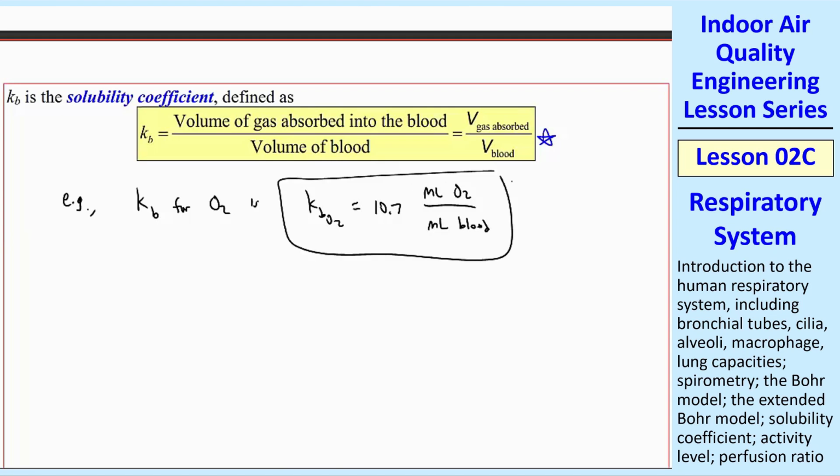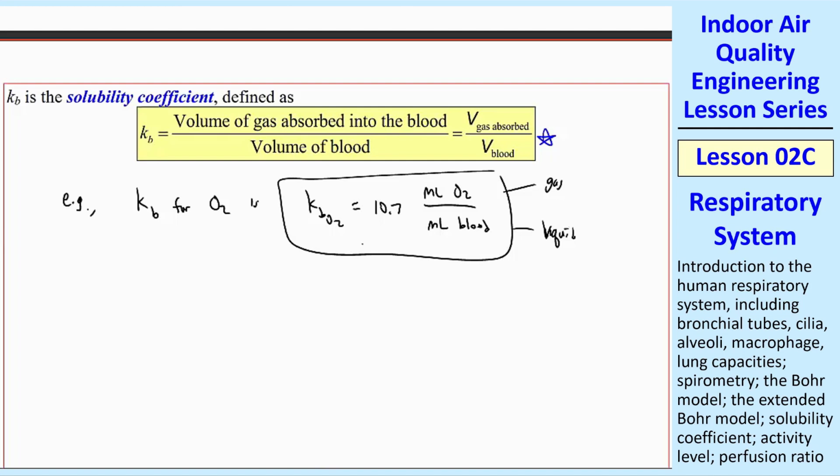So if you're thinking here, you say, how can Kb be greater than 1? We're putting in more oxygen than we have blood. The reason is that the O2 is a gas and the blood is a liquid. There's such a huge density difference, about 3 orders of magnitude, so you can fit in all that oxygen as it dissolves into the blood.